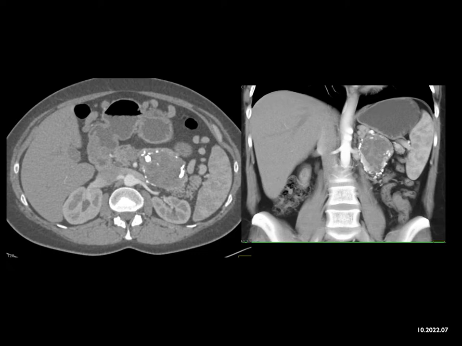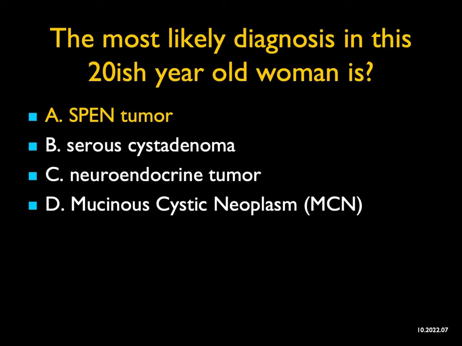They can have peripheral calcifications, and they're cystic, and location, body tail, is great for MCN. The thing that makes it easiest for you in this case is the fact the patient's in their 20s. If the patient was in their 40s, then I would say, yes, it's going to be an MCN. So SPEN is the most likely diagnosis.